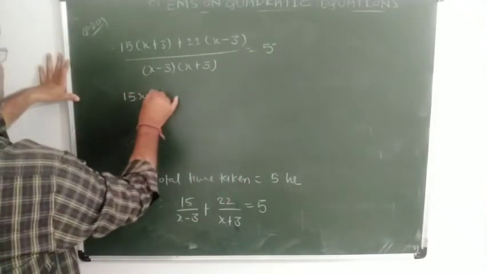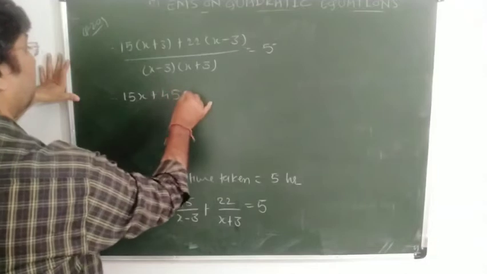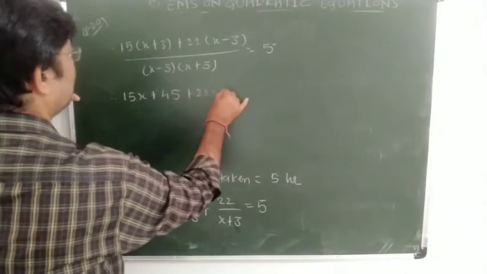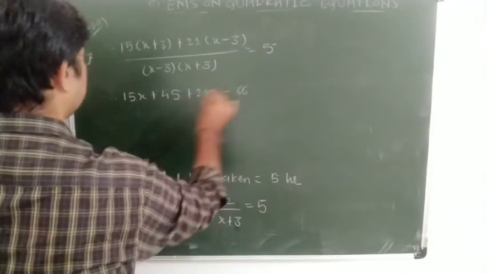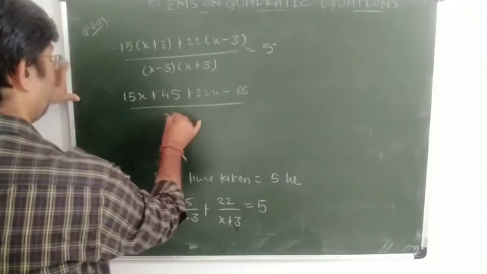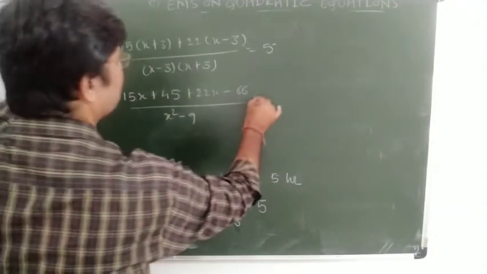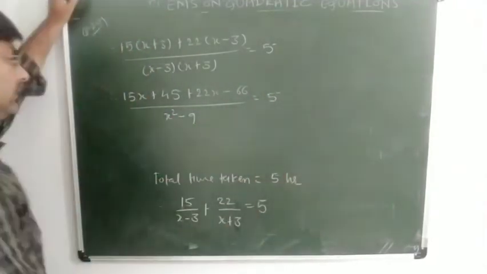Therefore 15x plus 45 plus 22x minus 66 upon x square minus 9 is equal to 5.